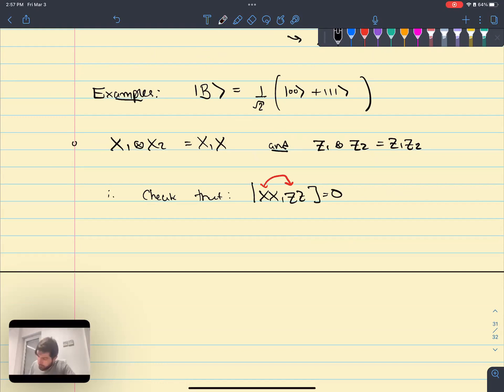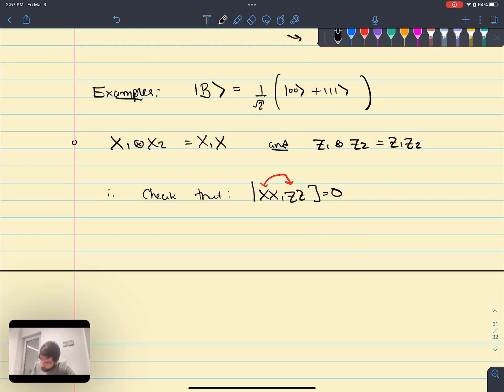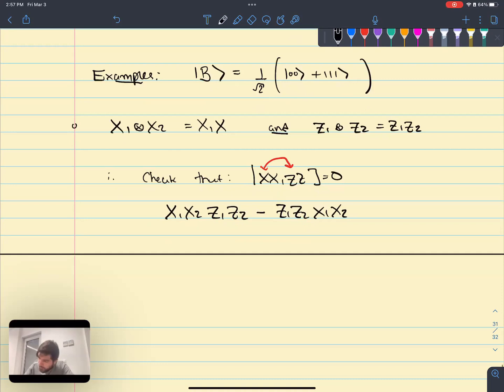how would I work out the commutator for this? I would write out X1, X2, Z1, Z2 minus, the other way around, Z1, Z2, X1, X2. Even though X and Z don't individually commute, because these operators act on different tensor factors, they do commute.